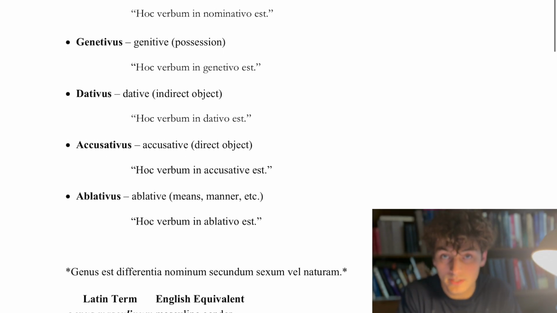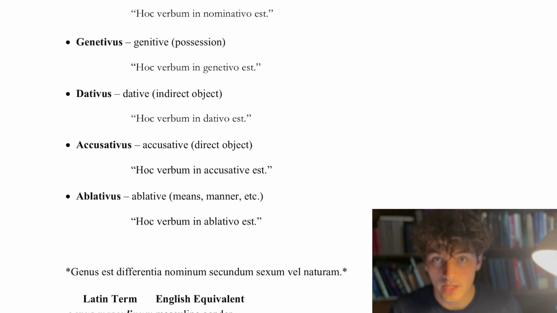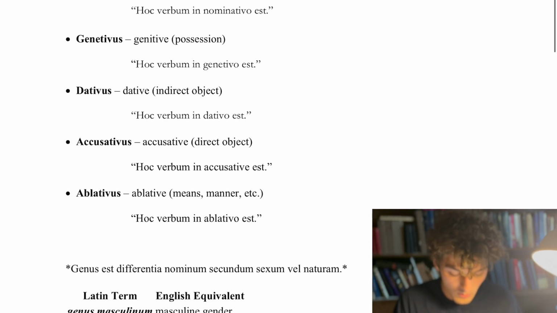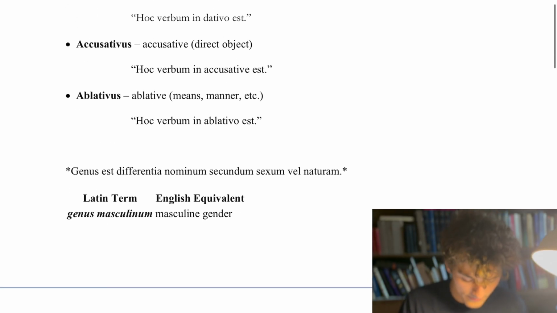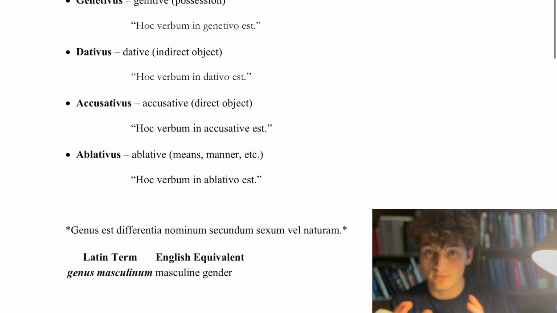Okay, so it's very simple. I might say, hoc nomen est accusativus. Okay, so it's an accusative word, and therefore I will communicate it thus. This will be helpful when we get into identifying different modification, different endings, right?